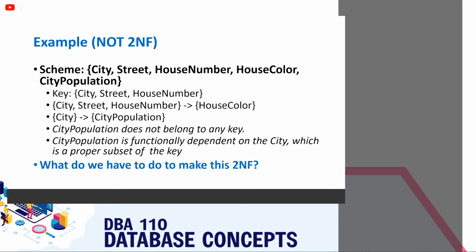So if we look at the key here, we can look at this in multiple ways. Right, because technically if we look at the key, city, street, house number is a key.